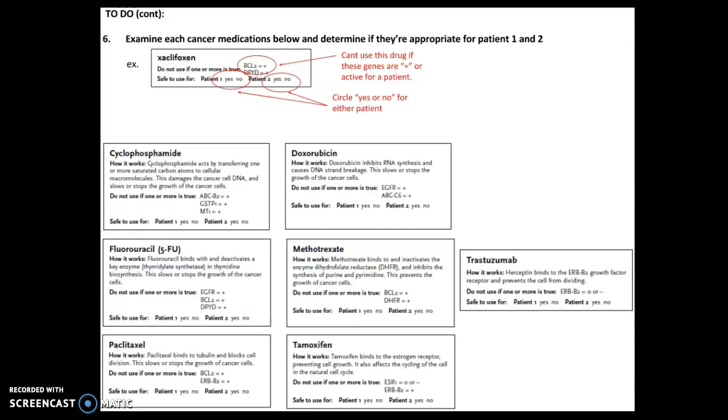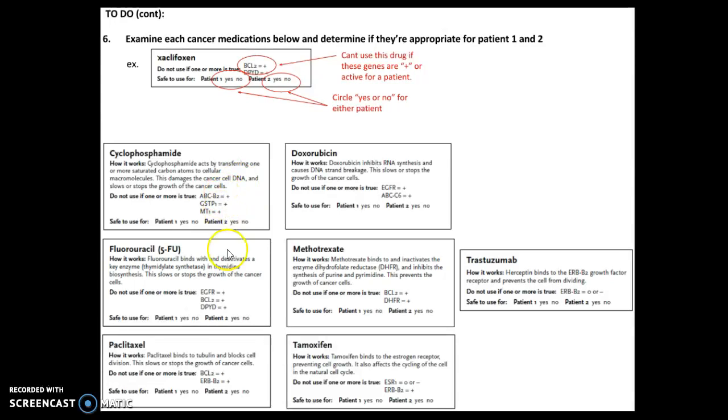If that gene is active and producing proteins, this medication will interact with that protein being produced, and the medication and the proteins combined cause some kind of problem for the patient. Side effects, difficulties, it could be fatal or just uncomfortable. Either way, if the genes are active and making proteins, the medicine doesn't mix well with that protein in the body. If they are positive, you cannot recommend it for patient 1 or 2.